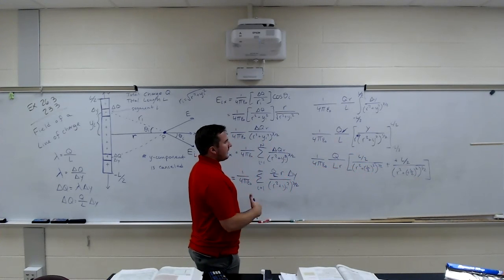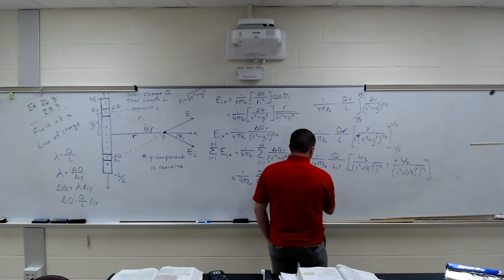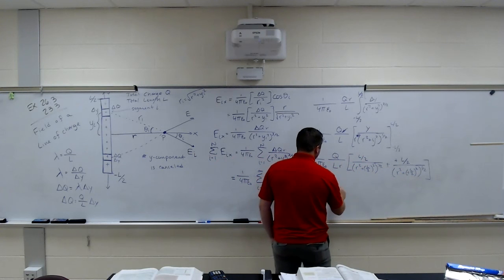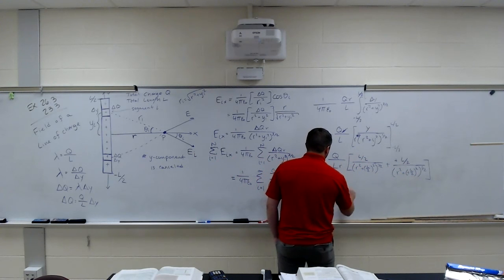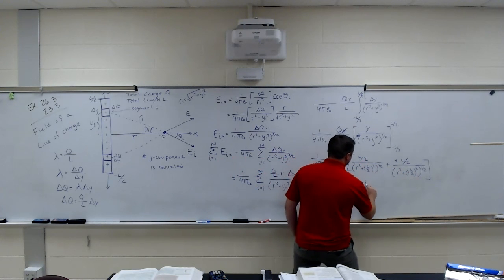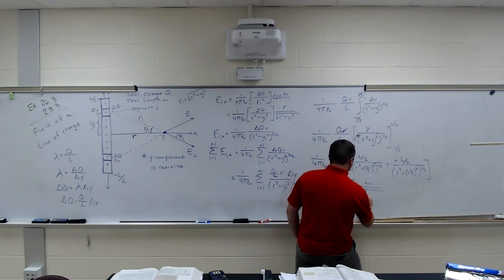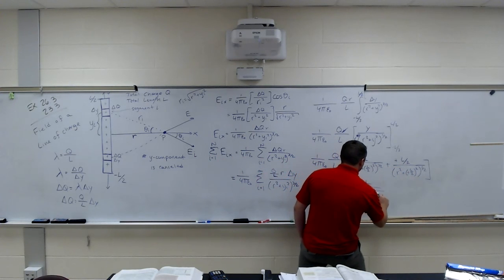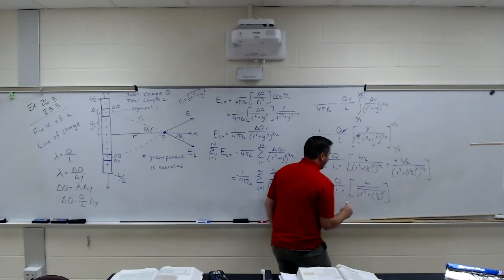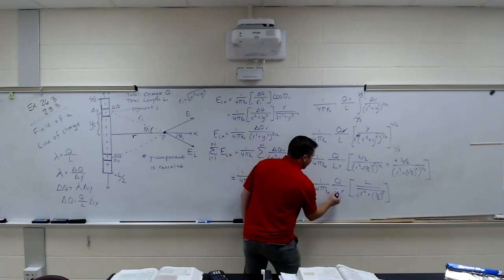Now they have the same denominator. We can combine them. L over 2 plus L over 2 is just L. So we end up with 1 over 4 pi epsilon naught Q over L R times L over the square root of R squared plus L over 2 squared. One last simplification, because there's an L on the top and the L on the bottom, we can cancel that.